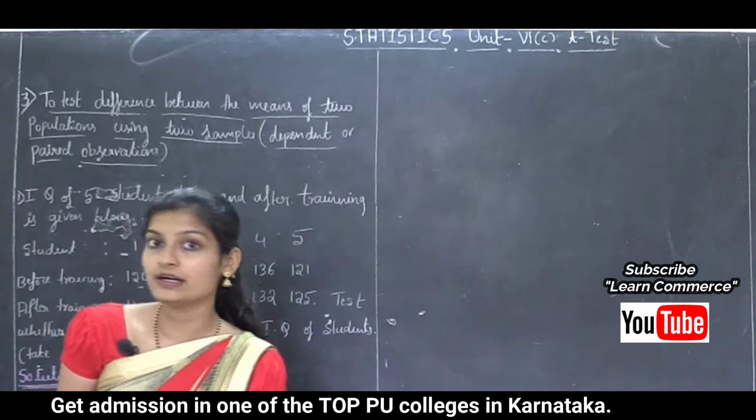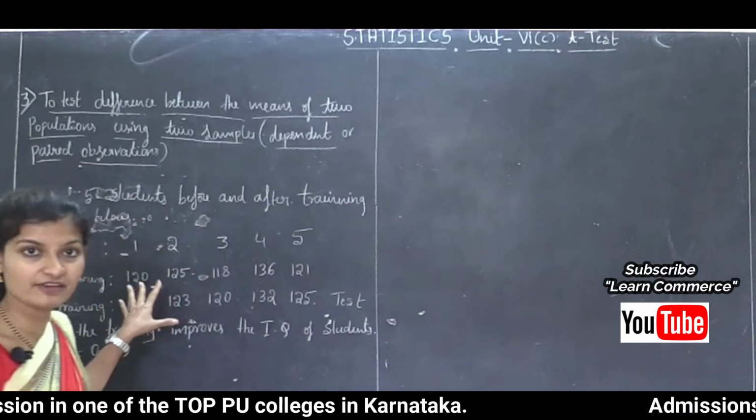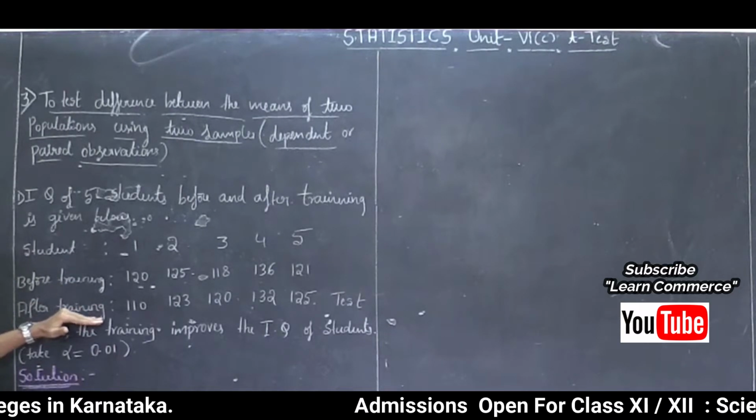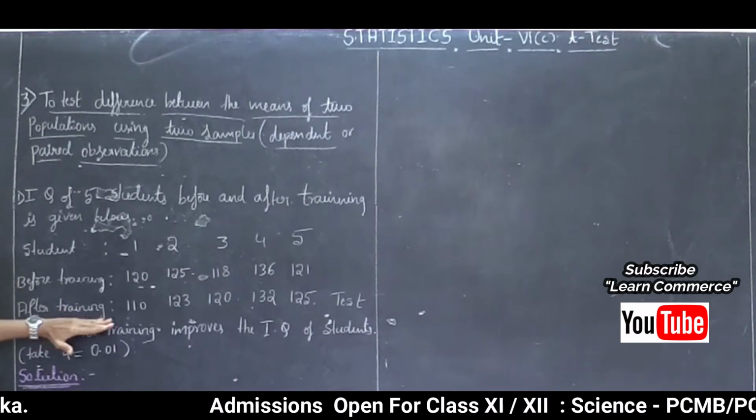Here there are two sets of observations. One set of observations is before training and another set is after training.